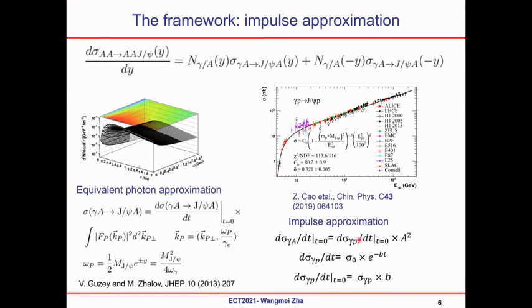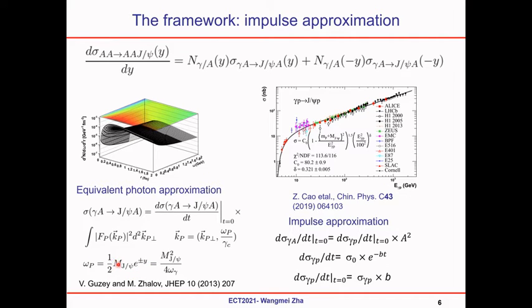And if we know the slope of the distribution, then we can get the forward scattering cross section, and if we make a ratio of gamma A to gamma p, then we can extract the shadowing factor.